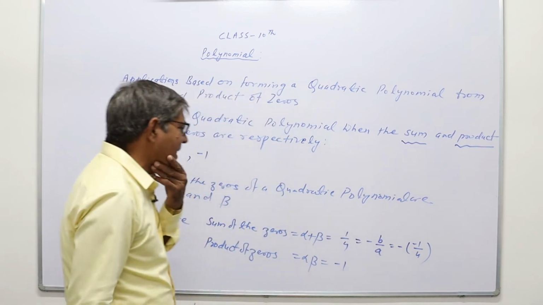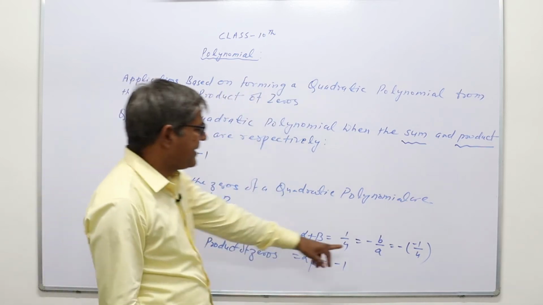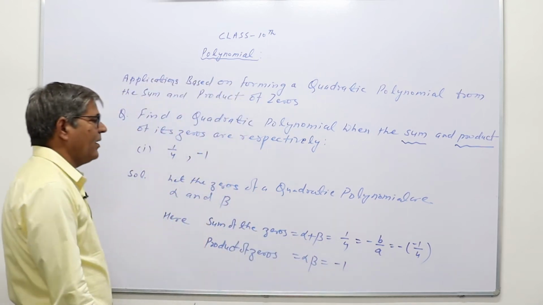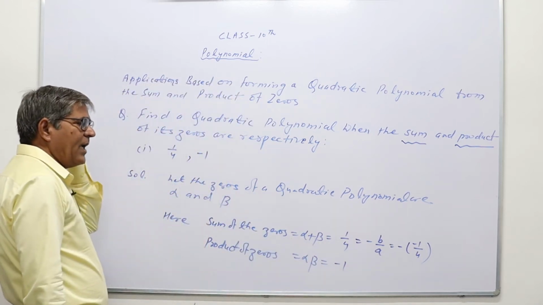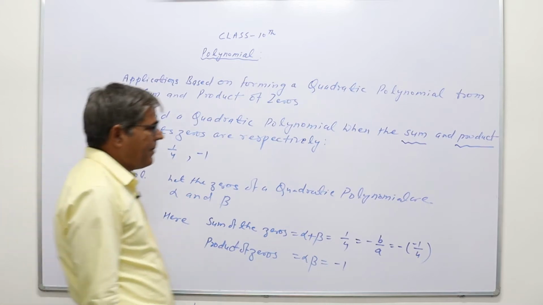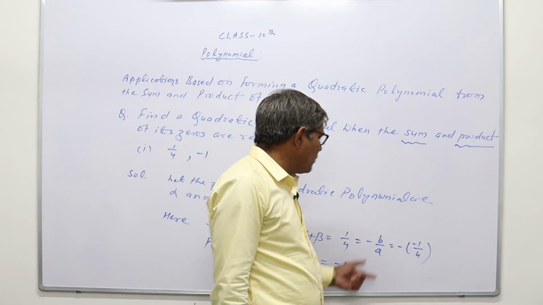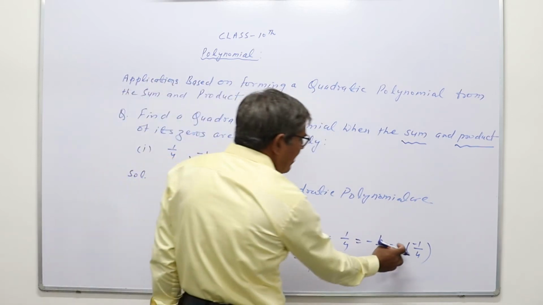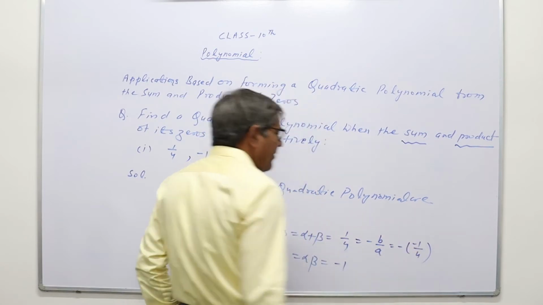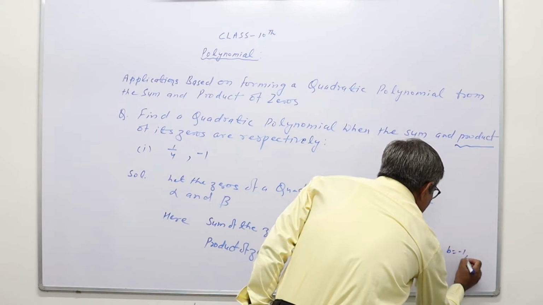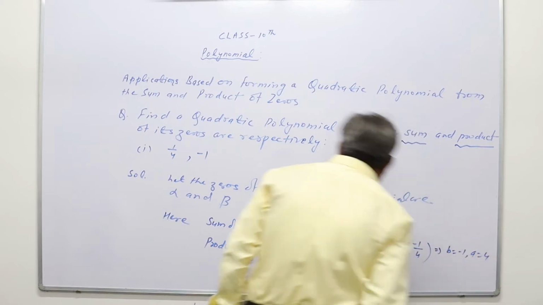In any given quadratic polynomial, a cannot be equal to 0. So by comparing minus b by a with minus of minus 1 by 4, it implies that b is equal to minus 1 and a is equal to 4.